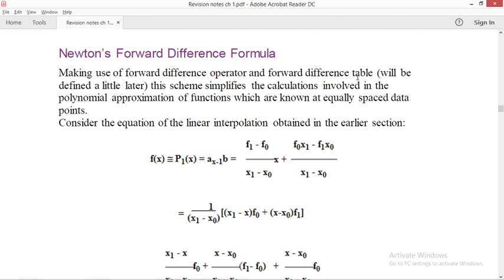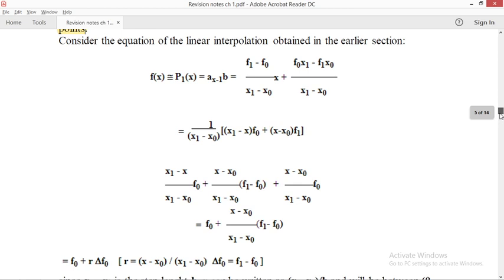Please make sure that you remember this whenever we are given data which are placed at equal space. There we use this method of Newton's forward difference formula. Here we have the expression.